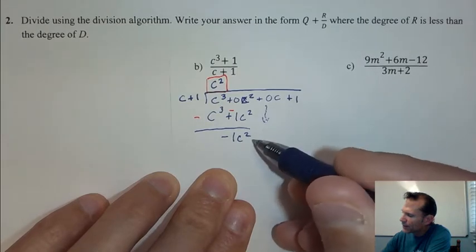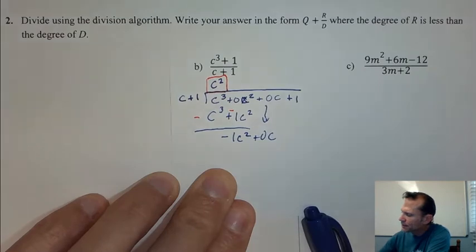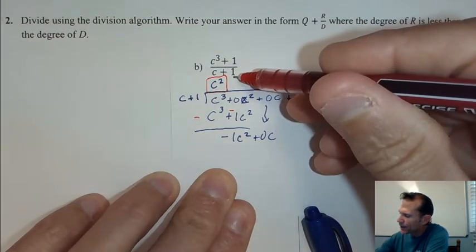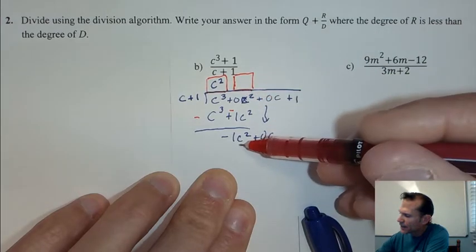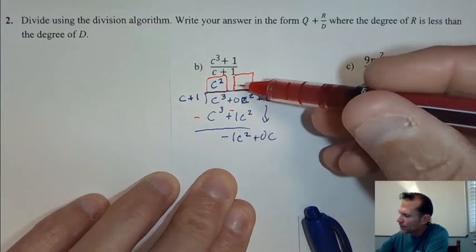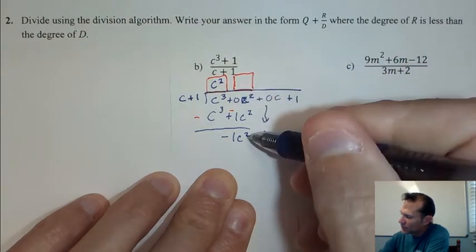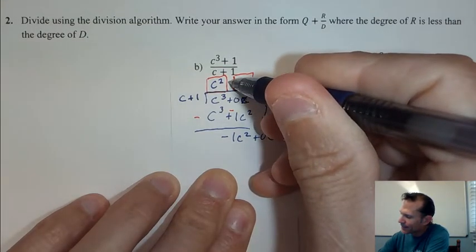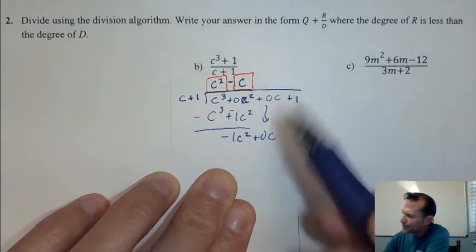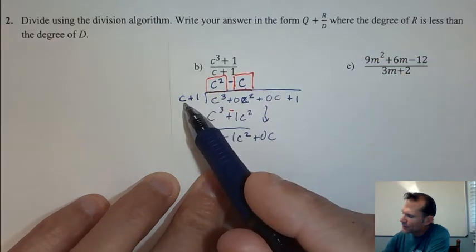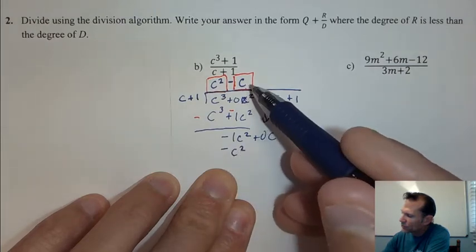Bring down my 0c, come back to the top here and think about, okay, what do I need to get exactly negative 1c? Well, I need negative c squared. I need negative c. Negative c times c is negative c squared, or negative 1c squared.